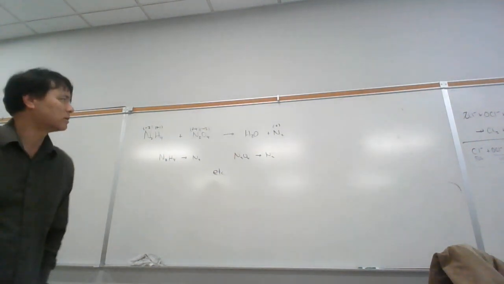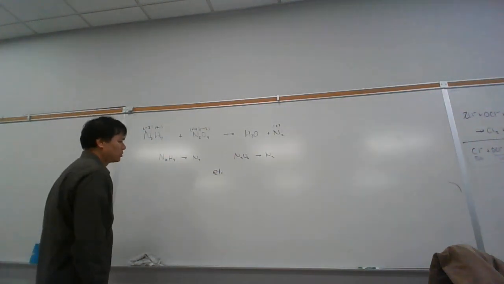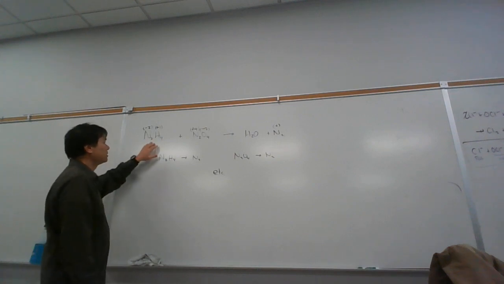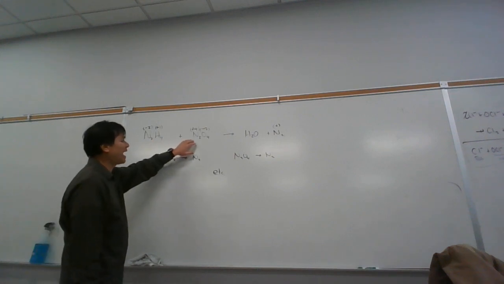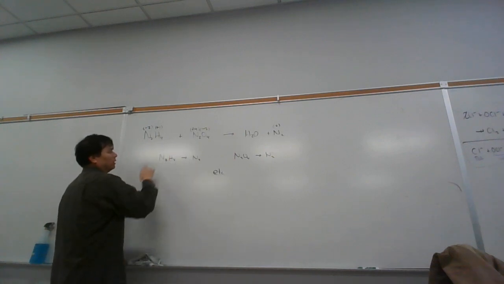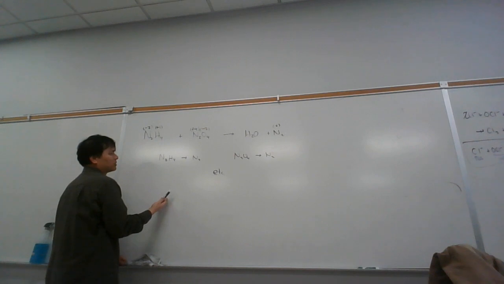Redox reactions are a little bit tricky in terms of balance. If we balance it by atom, we have to balance it by atom and oxidation state. In other types of reactions, we can just balance it by atom, like acid-base or metathesis.